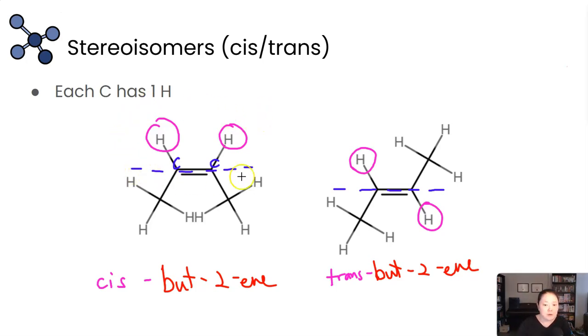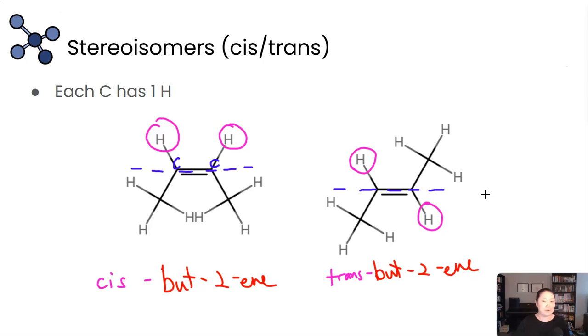And so in the context of stereoisomers, your hydrogens are on the same side of that double bond. Whereas trans means different. So your hydrogens are on different sides of that double bond. And so yeah, with cisgender, your gender matches up with what you were assigned at birth, as opposed to transgender, where your gender is different from the gender you were assigned at birth.